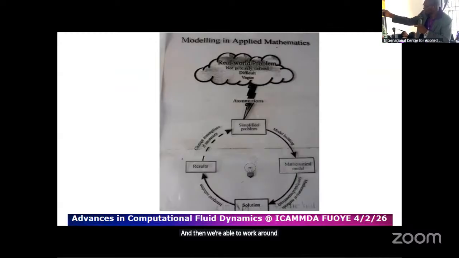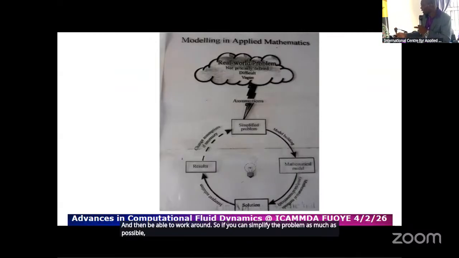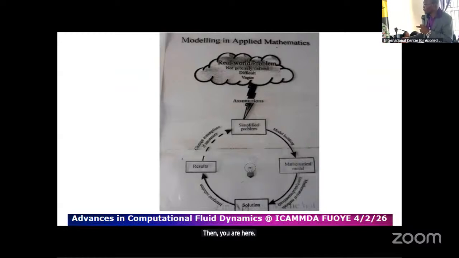So if you can simplify the problem as much as possible, then you are there. What is germane is to make the assumptions. Once you make the assumptions, you have a simplified problem, and this simplified problem is called the mathematical model of the problem, and then you have this mathematical model that needs to be attacked.